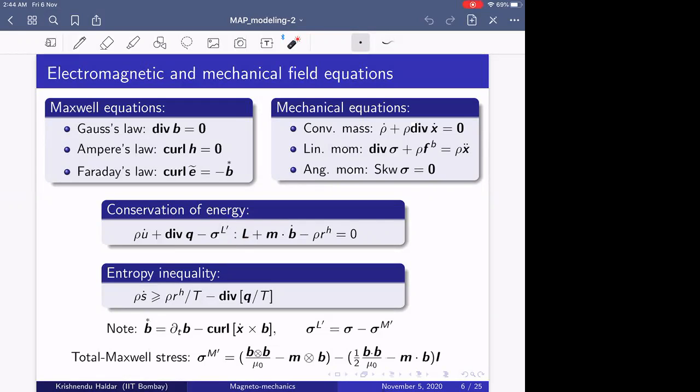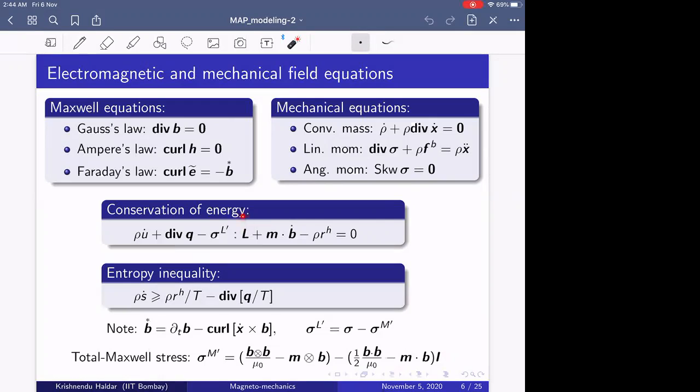So with a consistent calculation, you can show that sigma L prime is nothing but your Cauchy stress minus the Maxwell stress. It automatically takes care of this. This is very straightforward, but I'm giving you the final result. And this Maxwell stress, or the stress generated by this magnetic field, takes the following form.